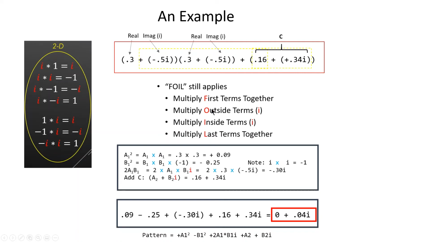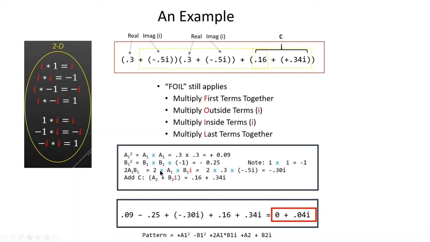And the next thing we do is multiply the outside terms together. Well, that's 0.3 times -0.5i. And if you'll notice, the other term, the inside term, is the same. So what do we have here?